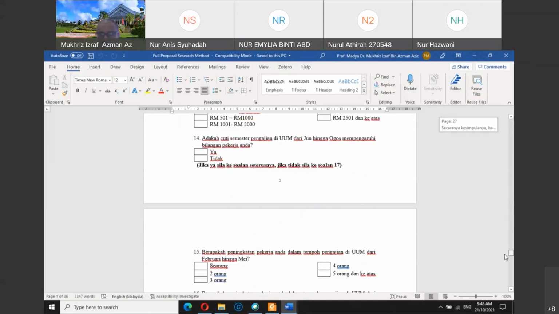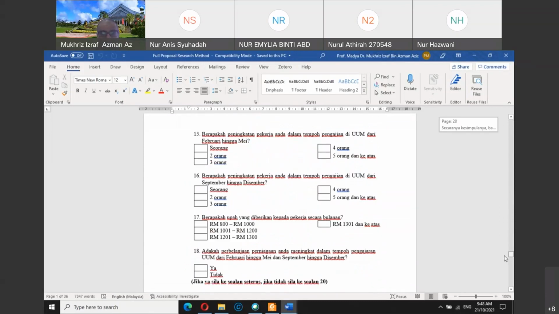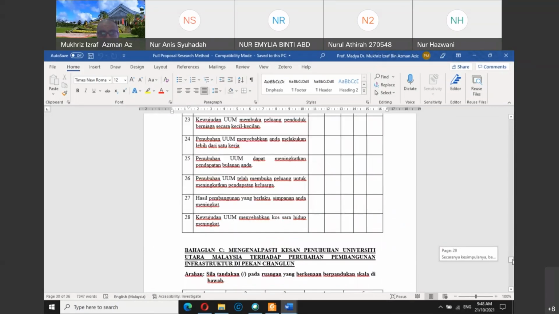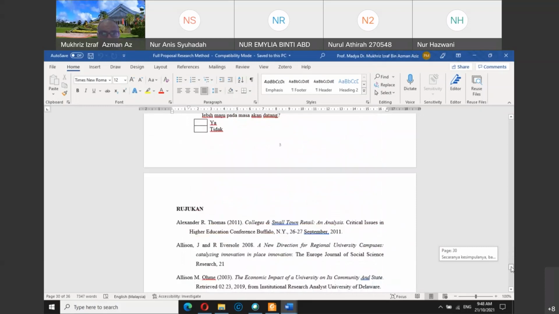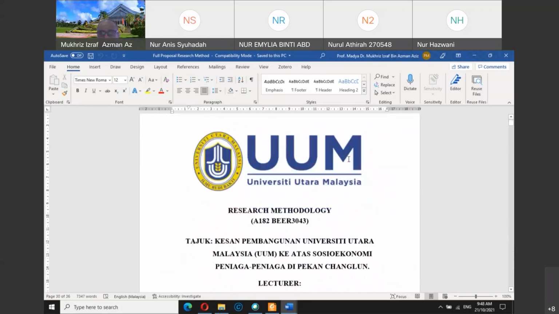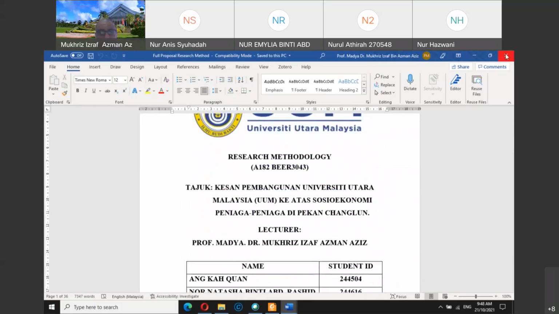They managed to find some articles related to having a university in a town, and how that university helped to improve the economy of that particular area. So this is another possible topic that you might want to investigate.